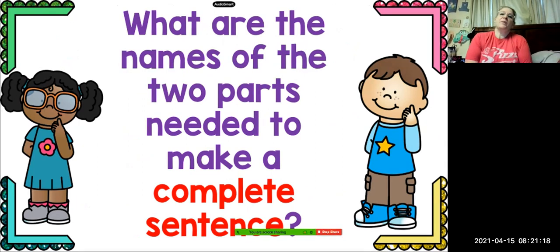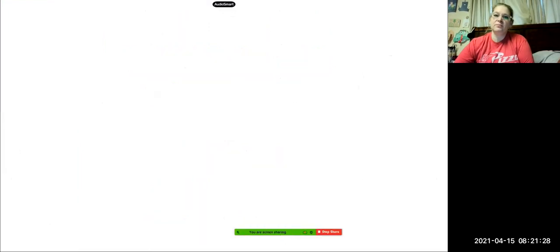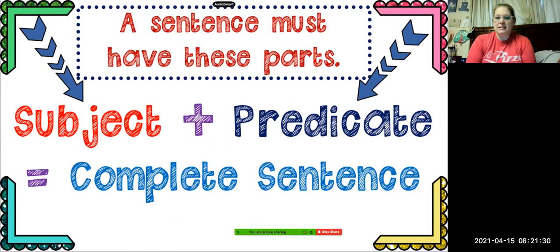All right, so what are the names of the two parts that we need to make a sentence? Do you guys remember what those are? A sentence must have a subject and a predicate to make a complete sentence. So the two things that a sentence needs are a subject and a predicate.